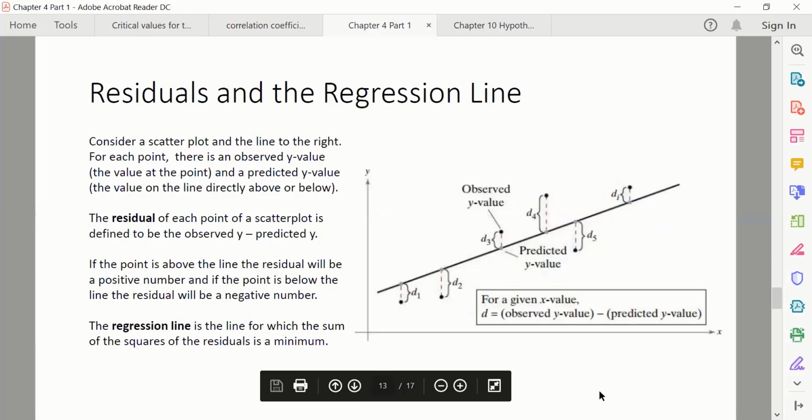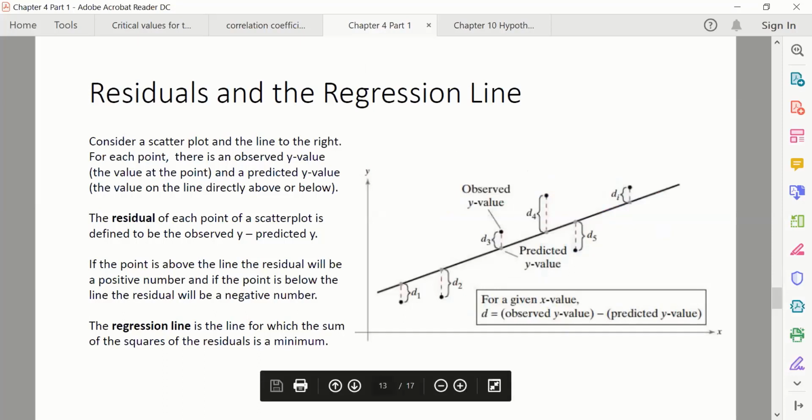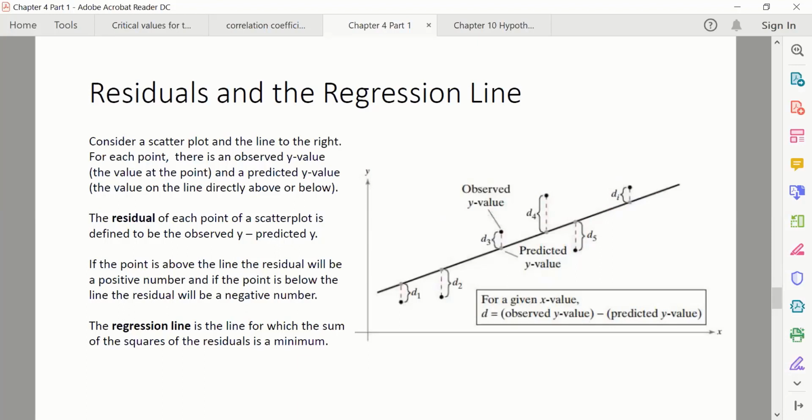Well, consider on the right a scatter plot of just 6 variables, 6 dots. For each point, there's an observed y value, which is the value at the point, and there's a predicted y value that's predicted by the line.